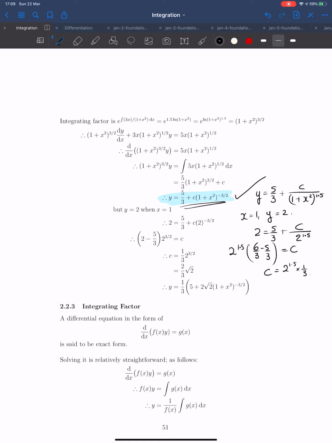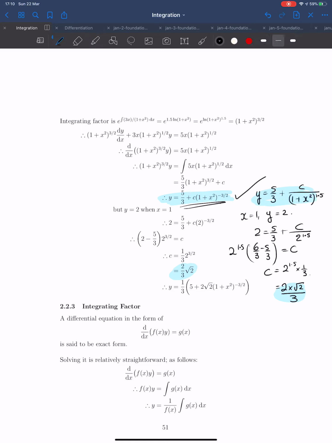Okay. Right, 2 to the 1.5 is 2 times root 2, because 2 to the 1 is the 2, 2 to the 0.5 is root 2. And then the multiply by 1/3 is the same as divide by 3, which is, look, we're up to there in this one. That's there. Okay, and that's right there.